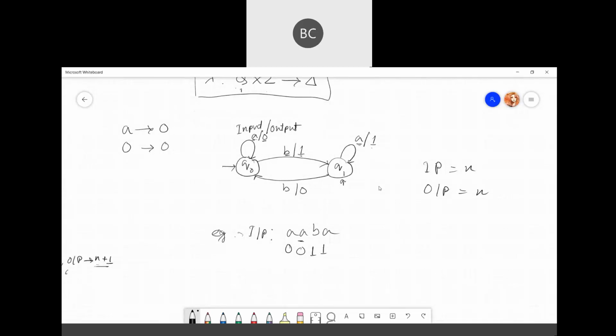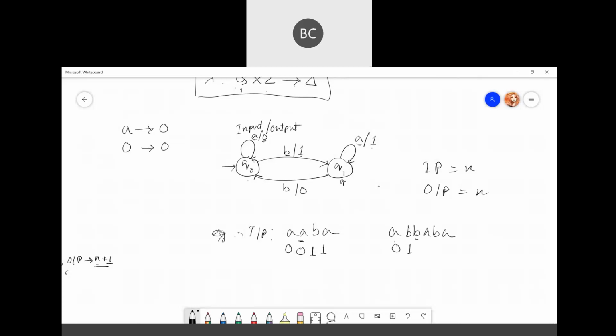If you want to take another example, maybe B, B, A, B, A. For A, you are at Q0, output is 0. From Q0, if you take B, output is 1. Next you are at Q1.